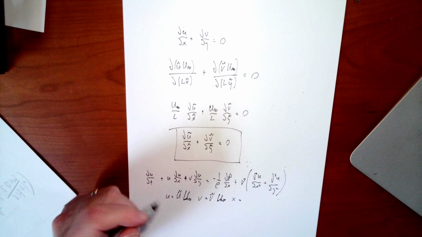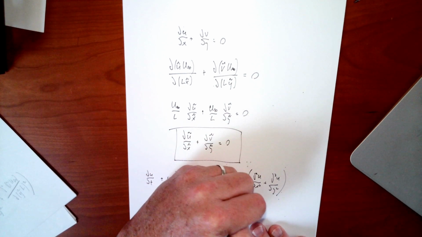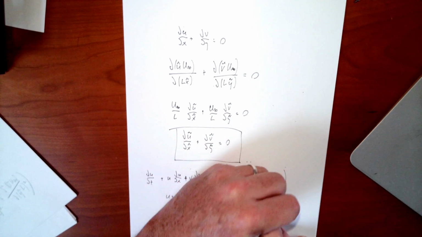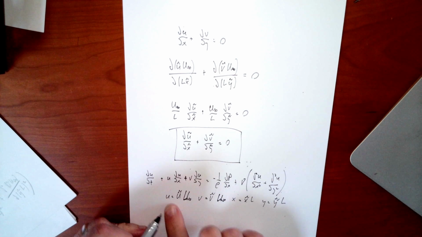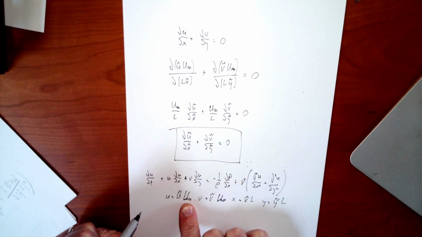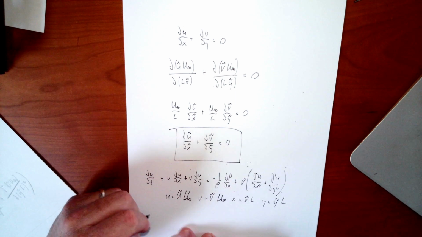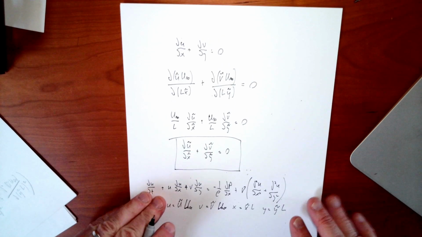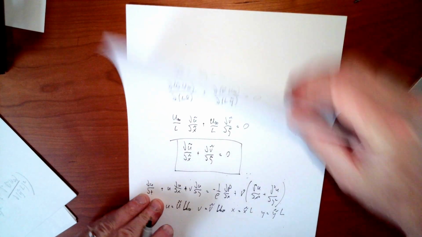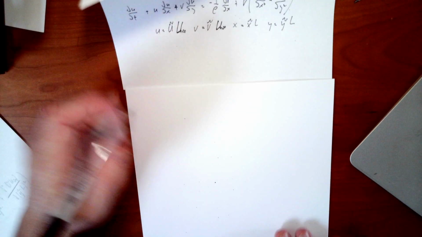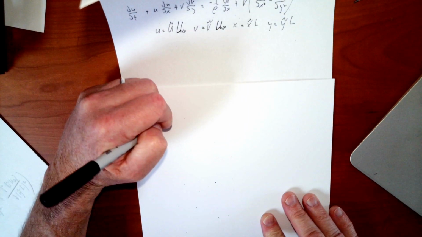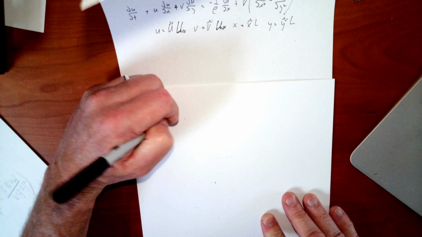For x, I plug in x tilde L. For y, I plug in y tilde L. So those are our scales, right? All right, so we plug those in. So I get d by dt. Actually, I think I'll move to another piece of paper so we can continue down the page. d by dt of u tilde u infinity.